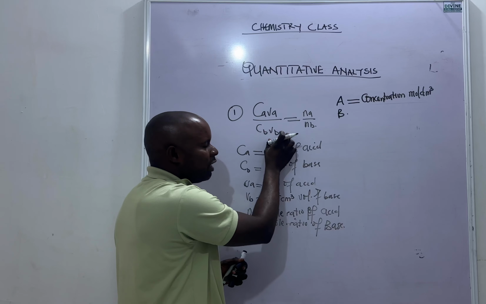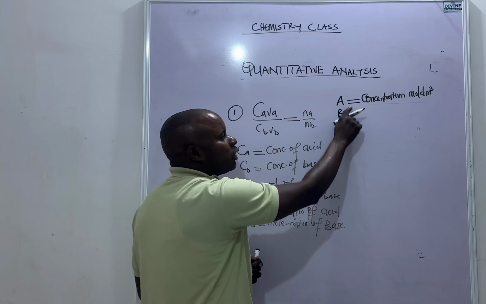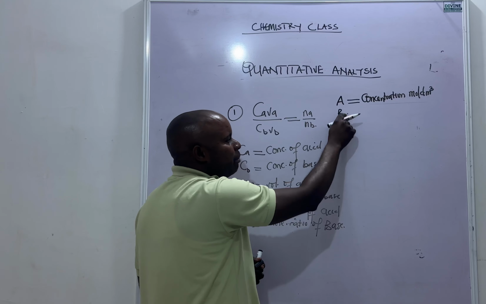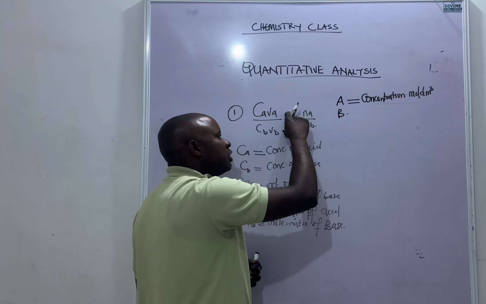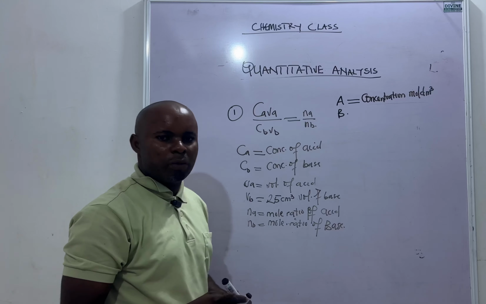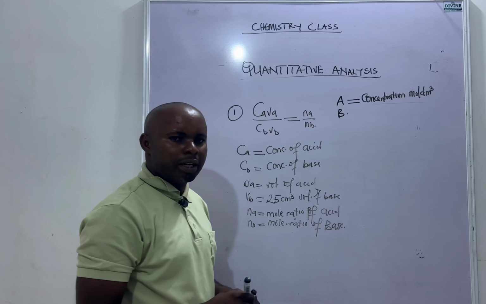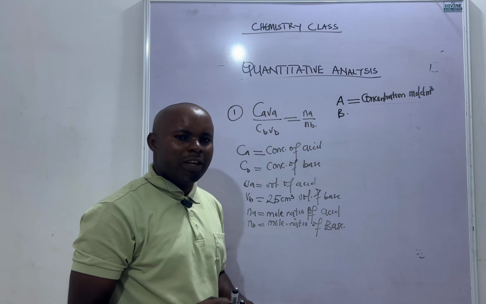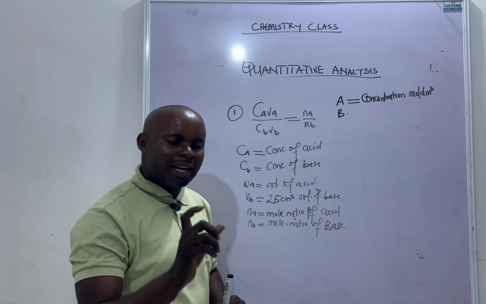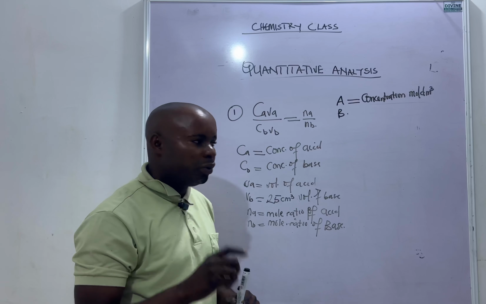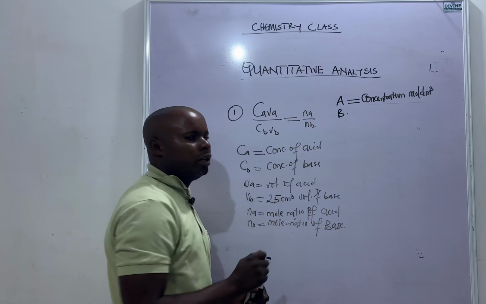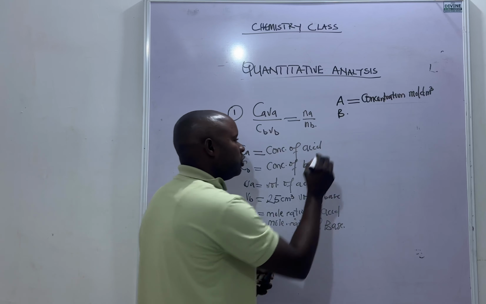If the concentration of the A or the B is given to us, we can use this formula to obtain the concentration of the other one that is not given. But if peradventure none of the concentrations of the acid or the base is given to you, you cannot use this equation. So there's an equation that we introduce.